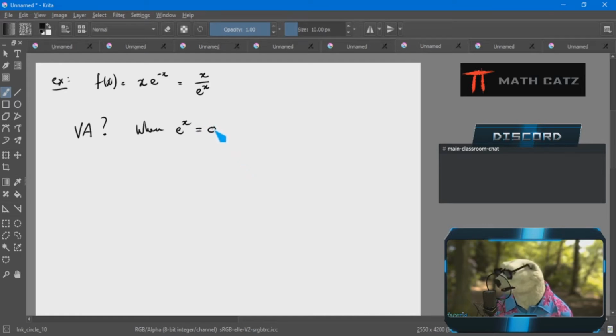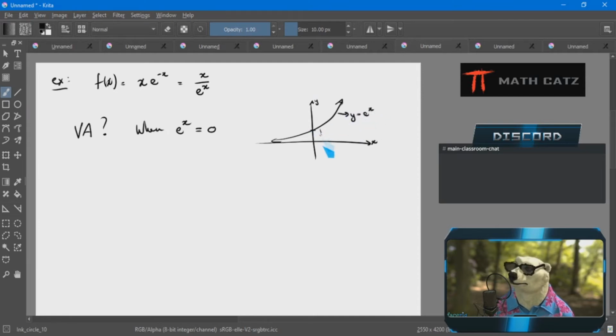However, in this case, it's not a polynomial anymore, right? So I can't factor e to the x. But I know what e to the x looks like. I've memorized it. It's a basic function. There it is. I should know it perfectly. All its properties. Asymptote on the left, infinity on the right, and so on.